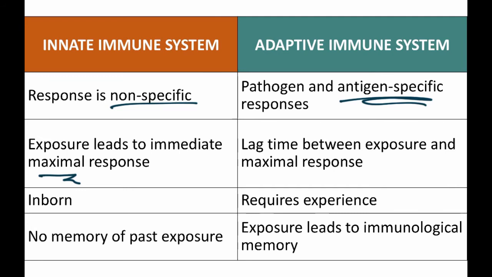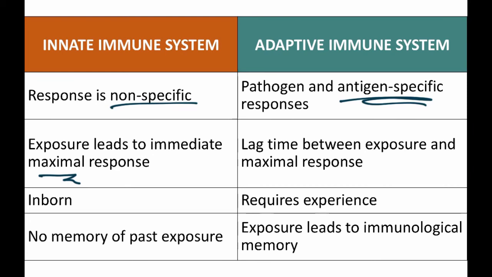Even with the primary exposure to a pathogen, there's going to be a lag time for the adaptive immune system because it takes time to go through that whole process of phagocytosis, antigen presentation to the T cells, clonal expansion, or activation of B cells and clonal expansion.